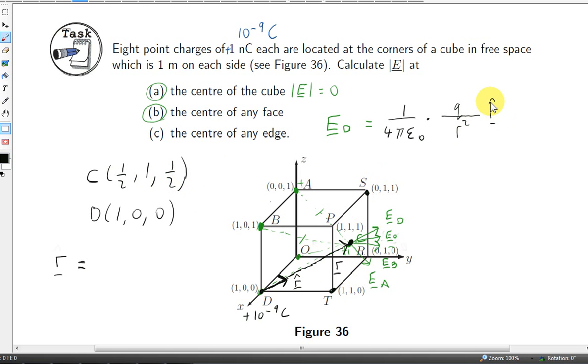Now, as we saw in a previous video, the unit vector R hat is vector R, R with an underline, divided by the magnitude of R. I should have said the magnitude of R goes underneath.